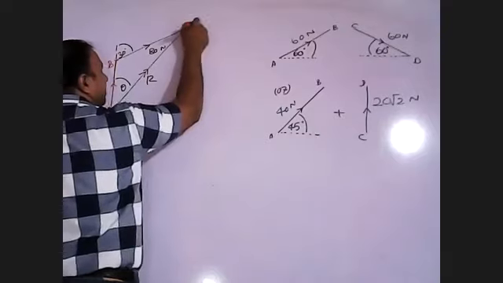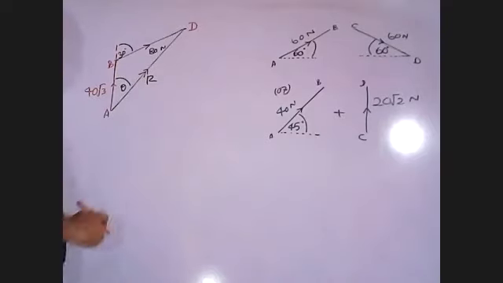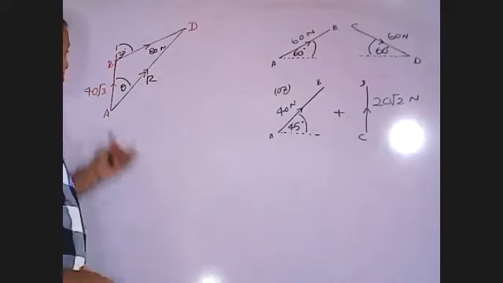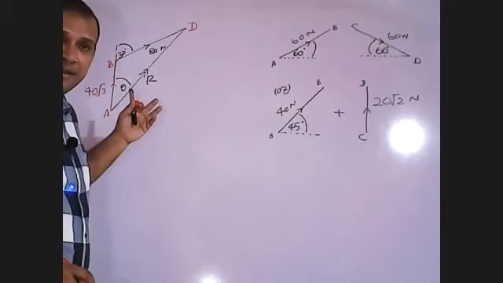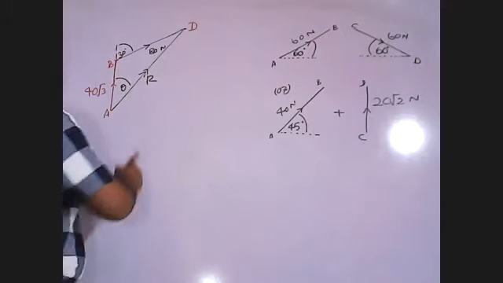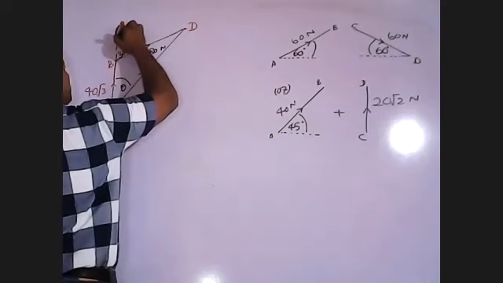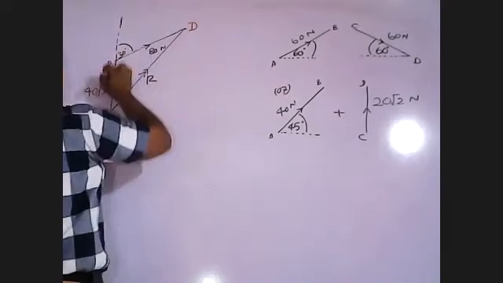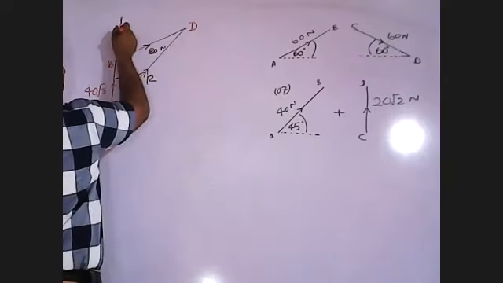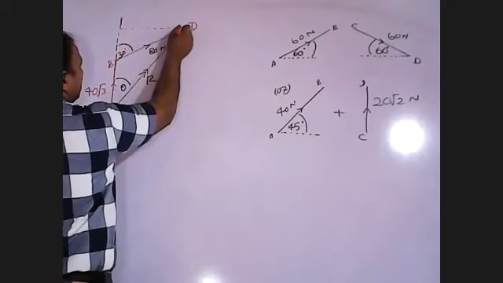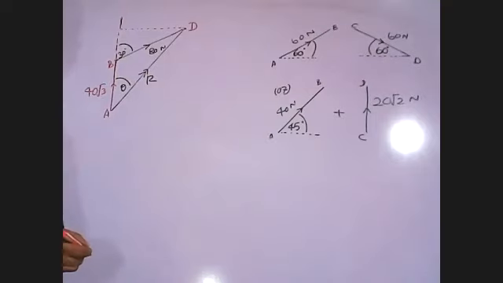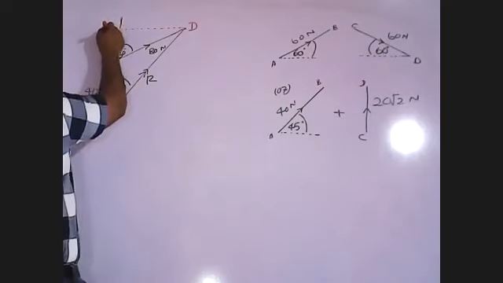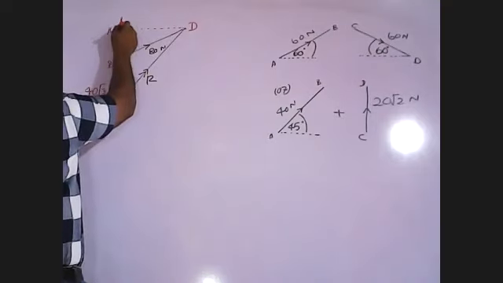You cannot do anything using this triangle. That's why you have to extend AB from B to M, and construct the perpendicular line from D to M. This is a construction.